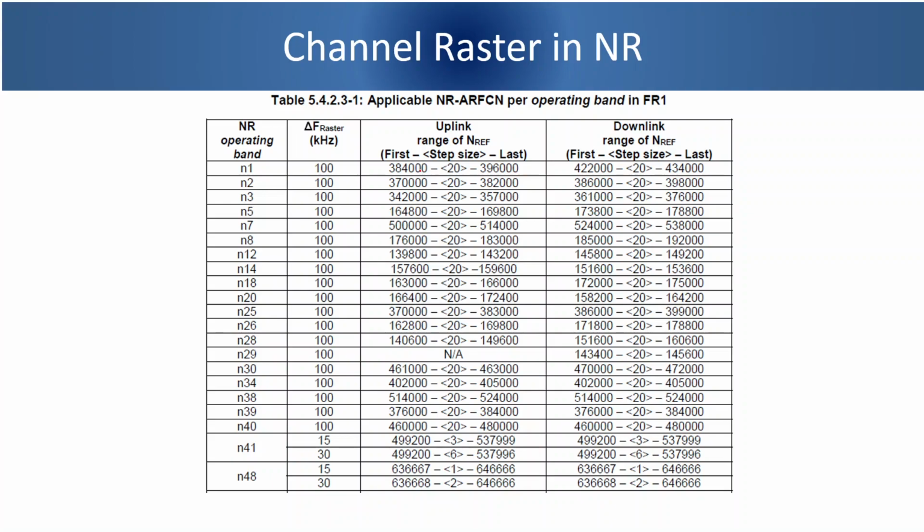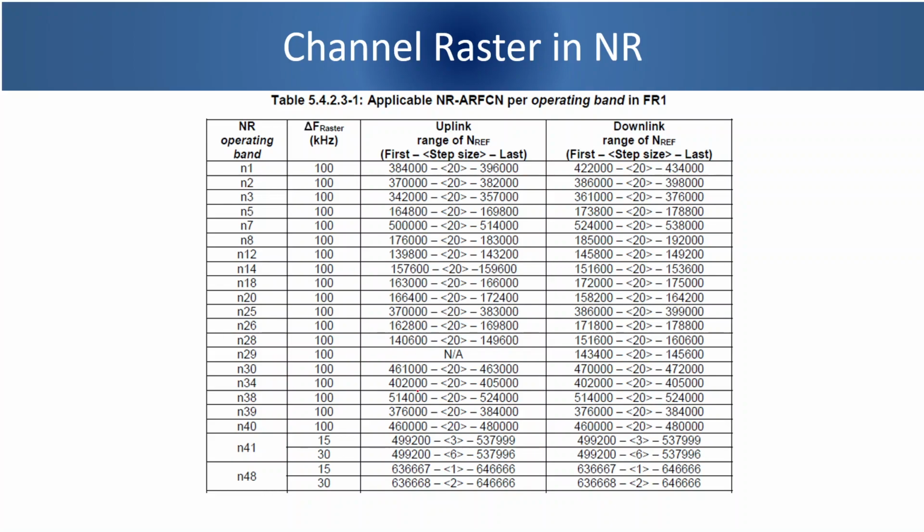The next one will be 384020, in a step of 20. So for different bands these steps are defined. The raster is 100 kilohertz in NR; in some bands it is 15, 30, etc.